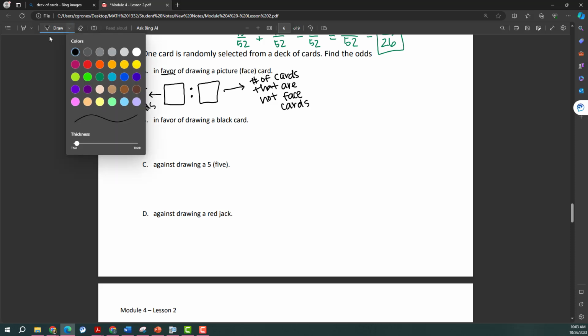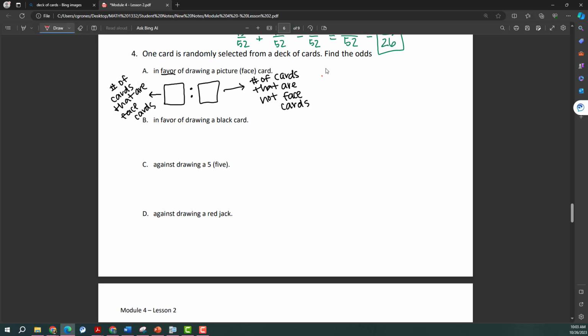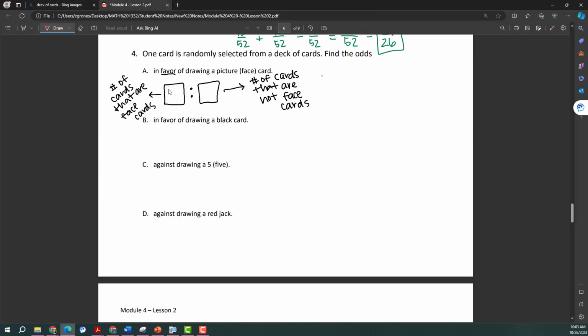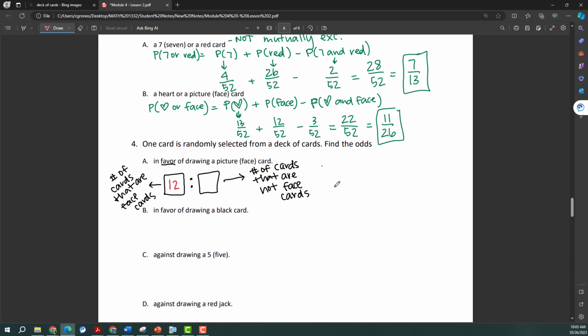Okay, so let's see. The number of cards that are face cards are 12. Remember, we have 12 out of our 52 cards. So 12 is going to go in our first box.